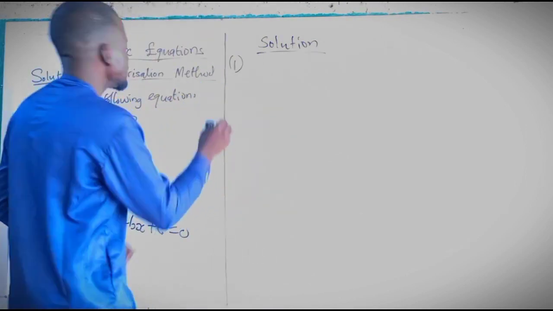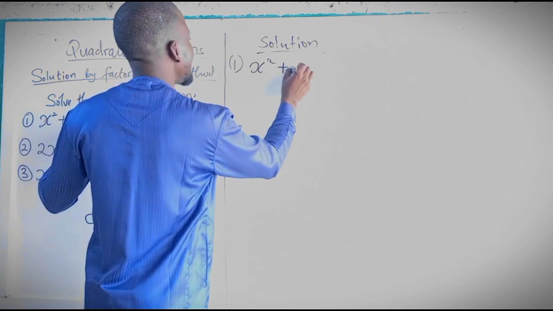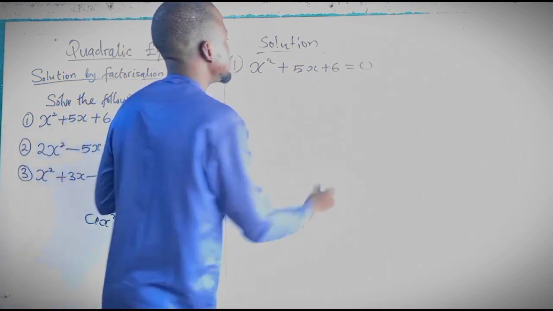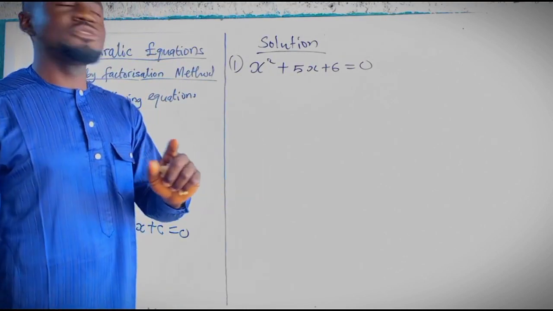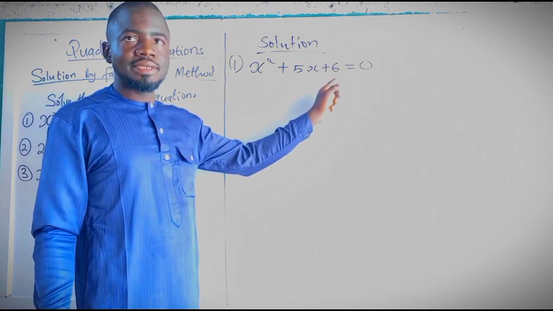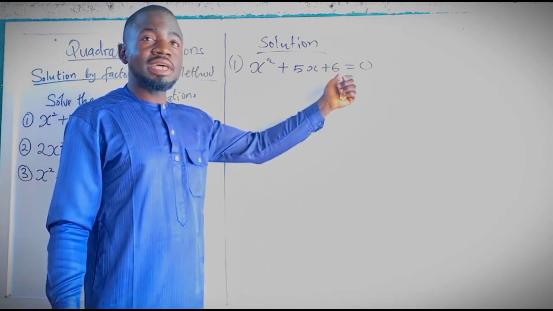The question says solve x squared plus 5x plus 6 equals 0. The first thing you have to do is multiply the first term and the last term. The first term, which is x squared, with the constant term here.